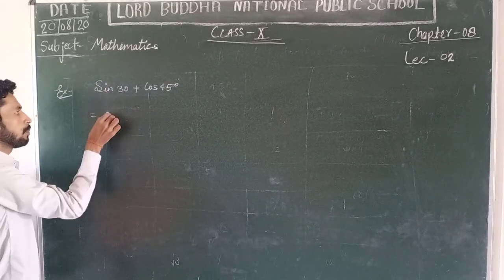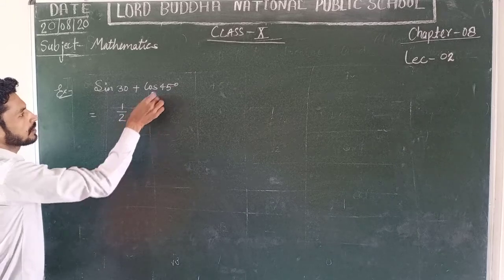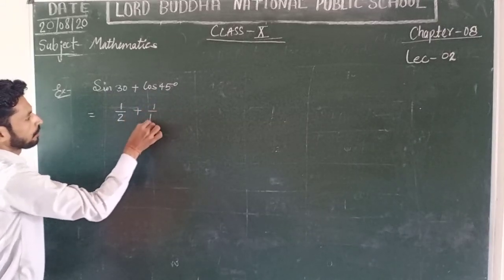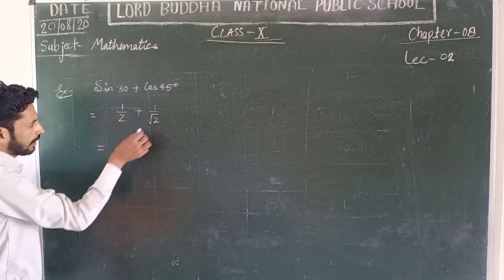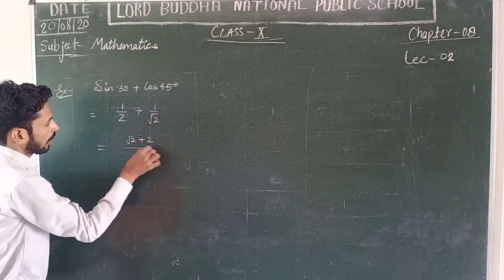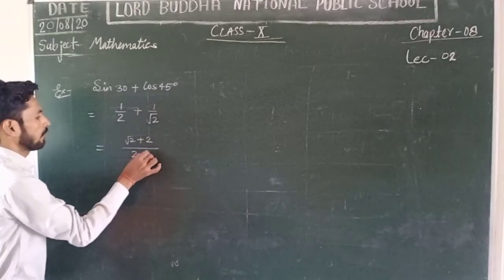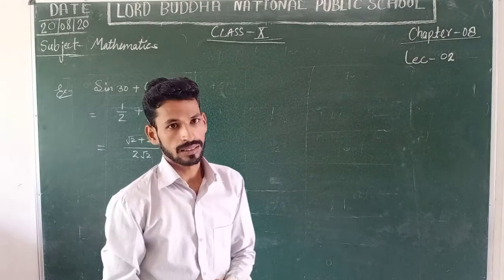So right here put the value of sine 30 degree, that's 1 by 2, and plus cos 45 degree equals 1 upon under root 2. So you can write here as under root of 2 plus 2 upon 2 under root of 2. That is the answer.